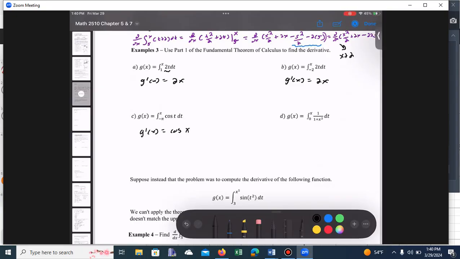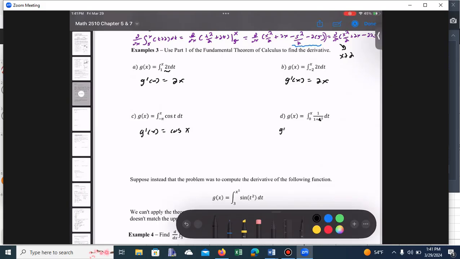And the last one, I think that was supposed to be a t. It won't matter. Yeah, this should be a t. G of x equals the integral from 0 to x of 1 over 1 plus t squared dt.